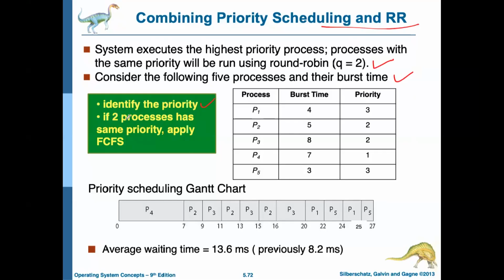If 2 processes have the same priority, as already mentioned, they apply first come first serve, and then this is the Gantt chart, a similar scenario. They explain it, and then this is the average waiting time. You can double check that also.